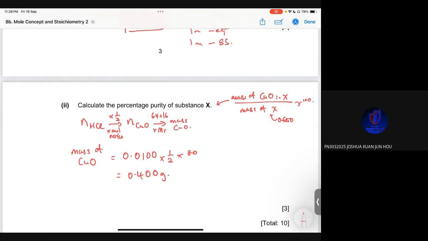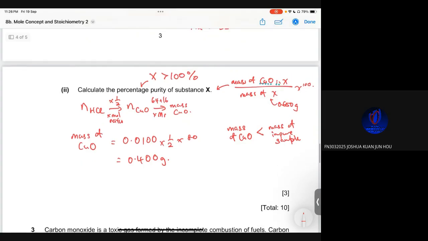Now, take note. At this point, I can also check my answer. Why? Percentage purity will never be more than 100%. Never. Which means the mass of CuO must always be less than the mass of the impure sample. So I double check: 0.400, 0.650, I know I'm safe because the mass of CuO calculated is less than the mass of the impure sample.